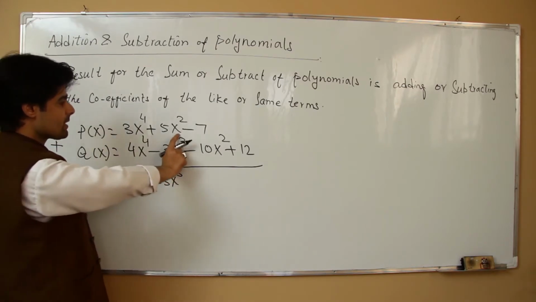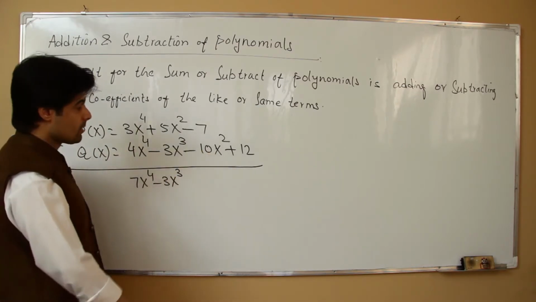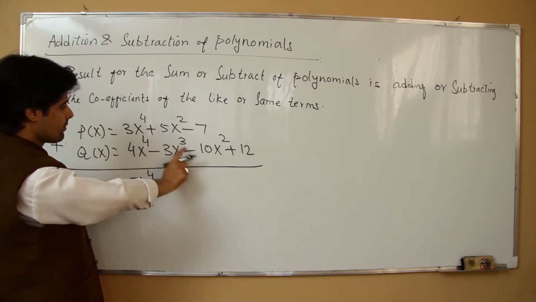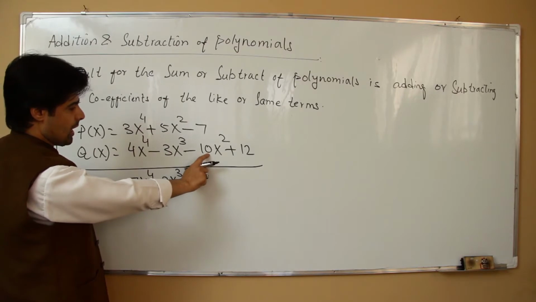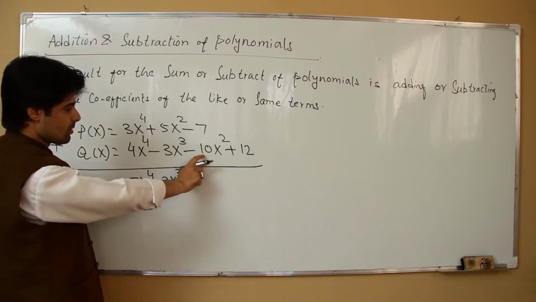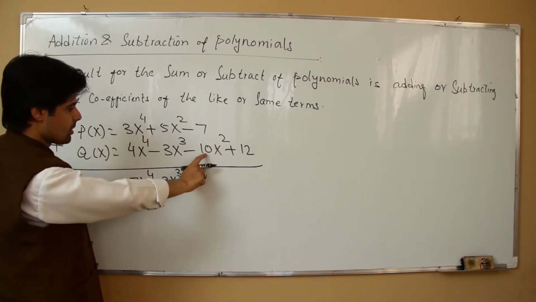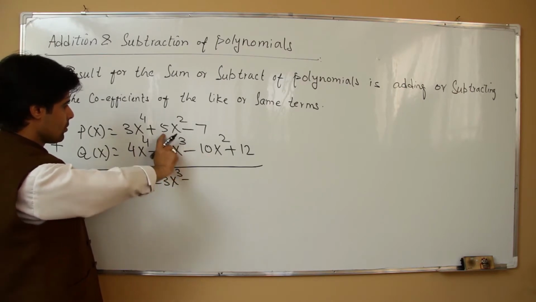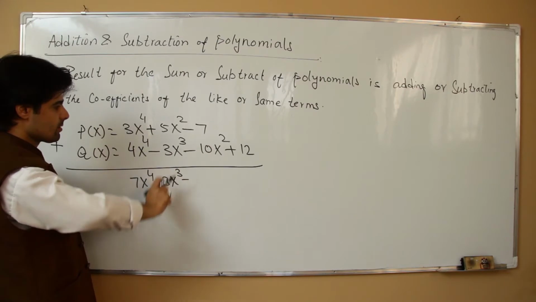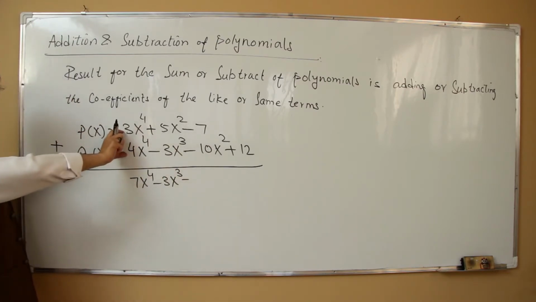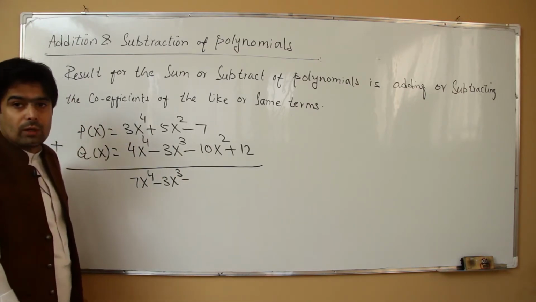Now, do we have x squared? Yes. They are with different signs. Now try to take the sign which has the larger coefficient. So minus 10 with 5, you have to subtract because they have different signs. If they have the same signs, you have to add them up.